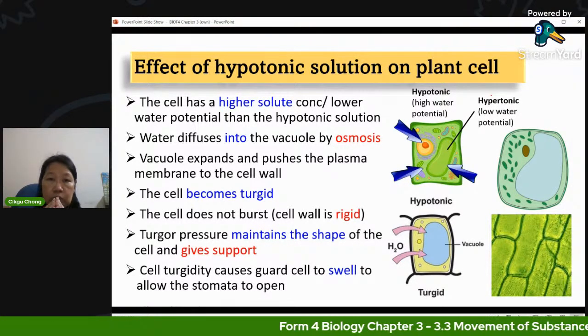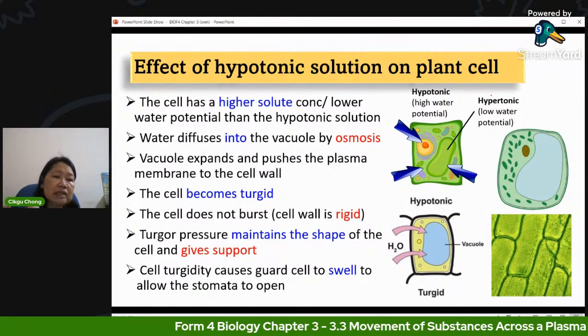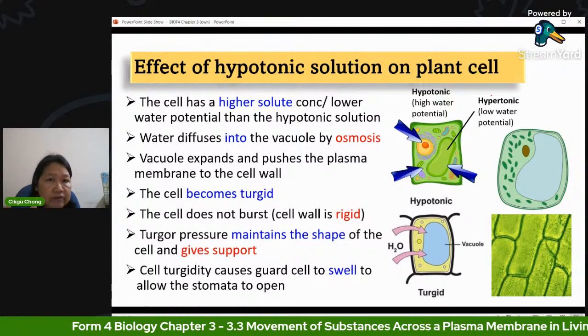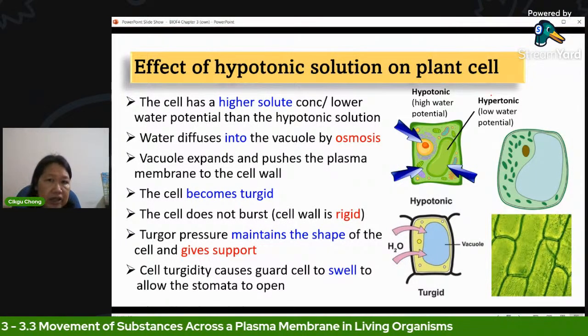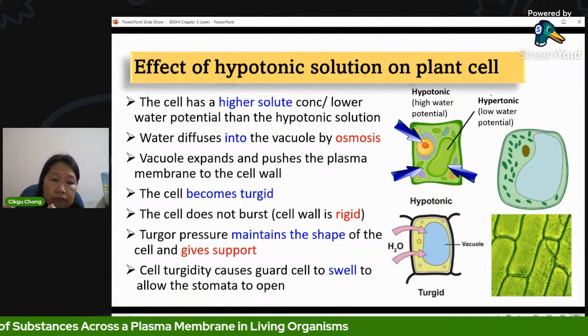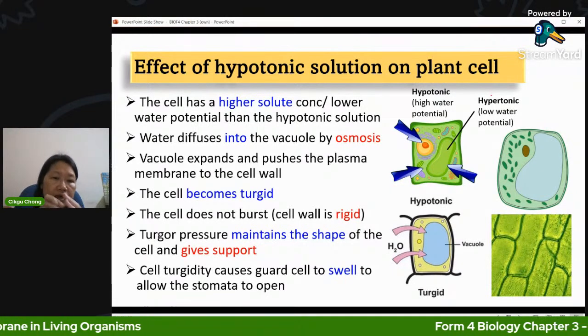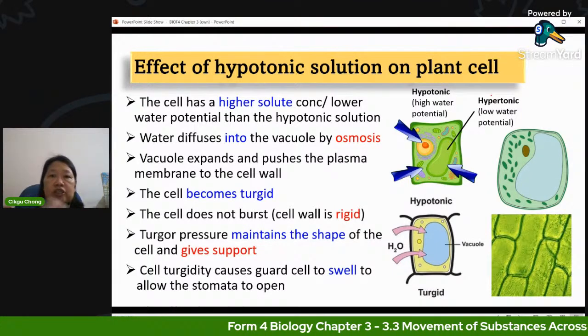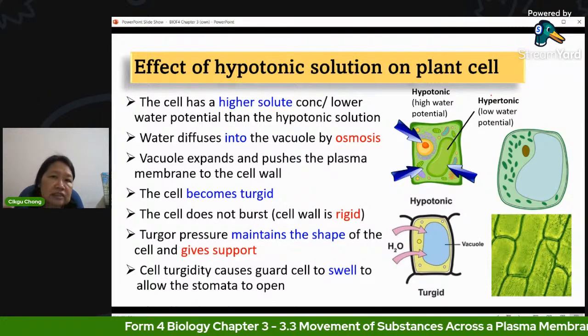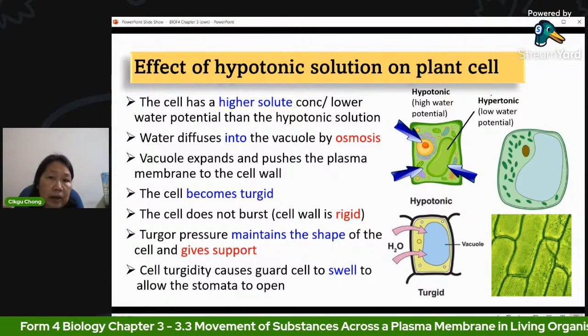Actually, the guard cells will bend, and this causes the stomata to open. This one you learned in Form 3 before, last year, but maybe have forgotten that. You read it, you learn it again, all right, next year. So the turgidity causes the guard cell to swell, and that allows the stomata to open, and that is to allow gaseous exchange for photosynthesis and also respiration to happen.